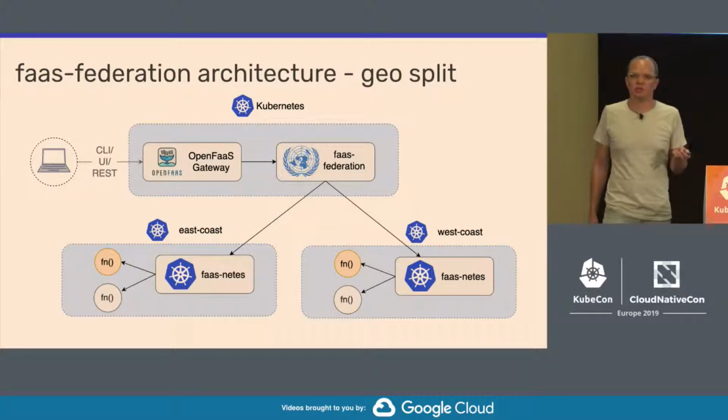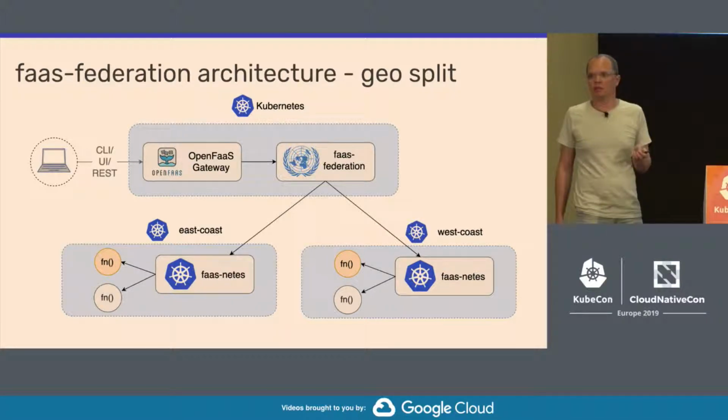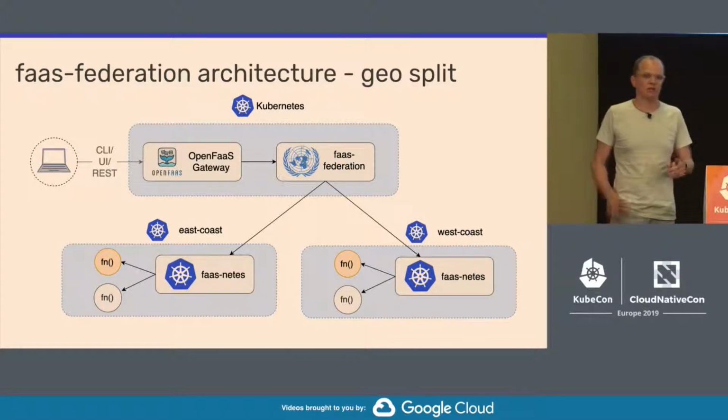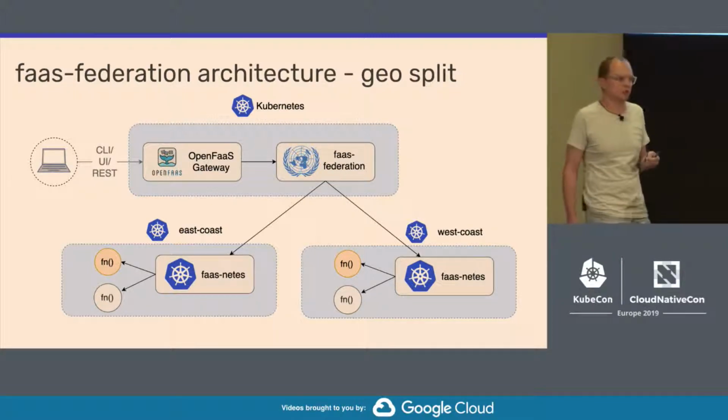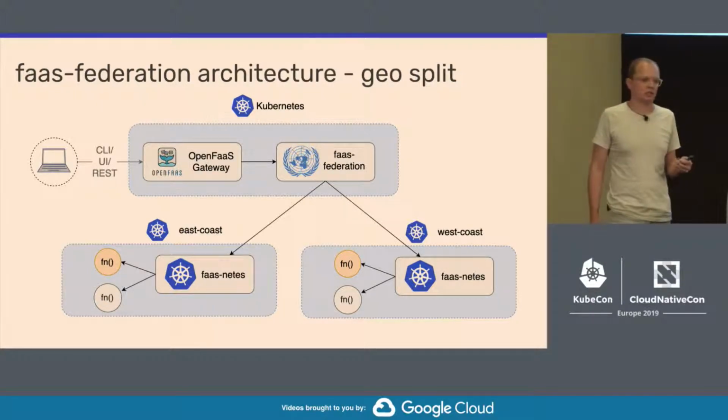It also occurred to us that you could use that concept to do a geo-split. Perhaps you've got data centers on the East Coast and the West Coast, but you want to have a single control plane to deploy your functions and execute them. At this stage, we're just doing routing with this, and we'd like to get community feedback and see what you think would be value added to this, because we could imagine doing more load balancing or circuit breaking could be useful there.